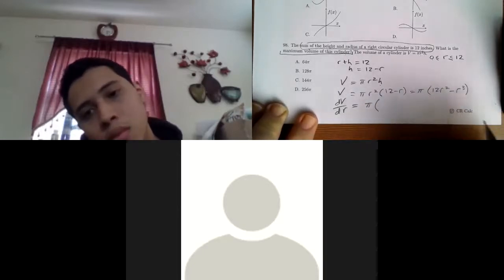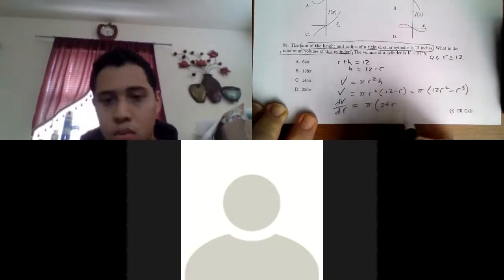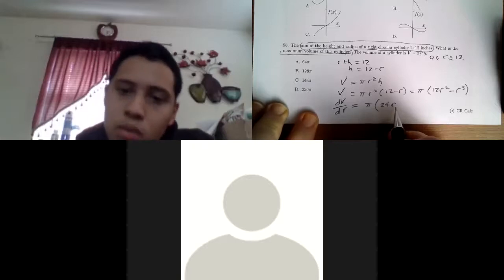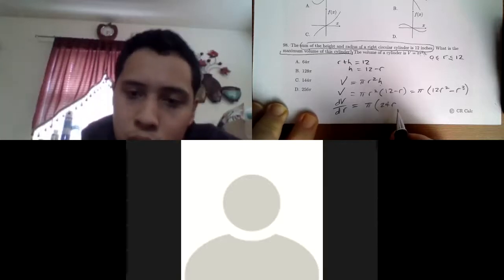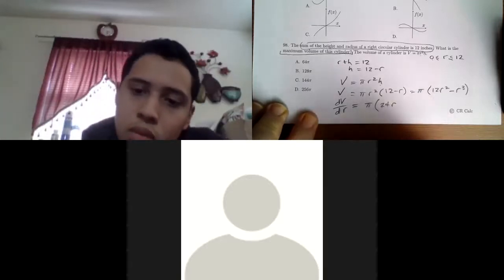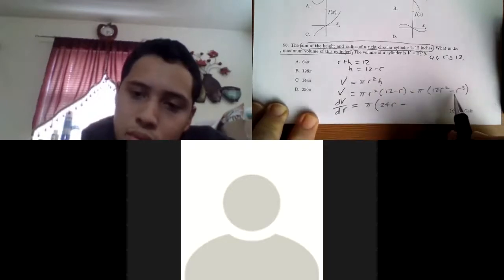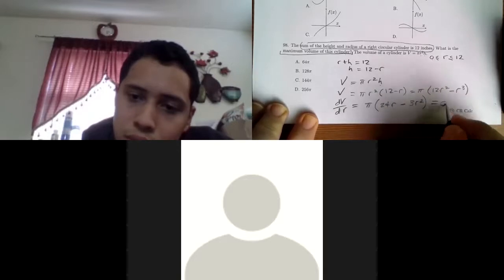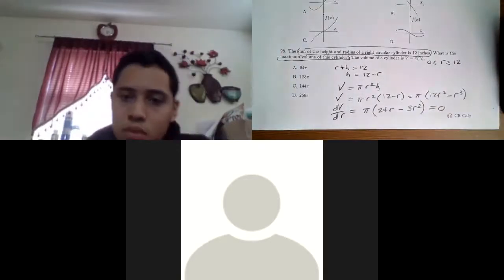Derivative of 12r squared would be 24r. We're taking the derivative with respect to r, so we don't multiply by dr over dh or dr over anything, because everything here is in terms of r. Then minus the derivative of r cubed, so that's 3r squared. And that's got to be equal to 0.